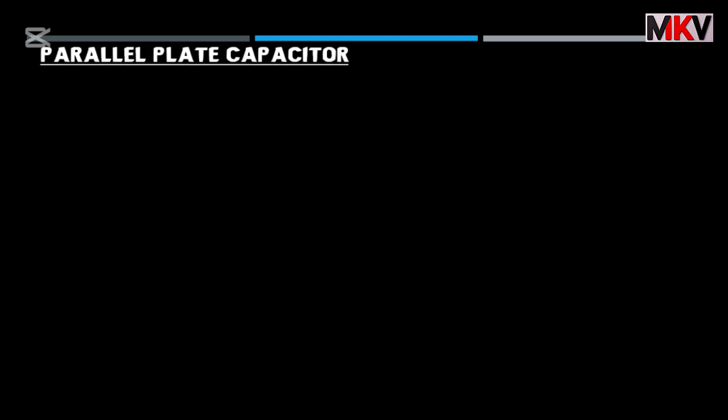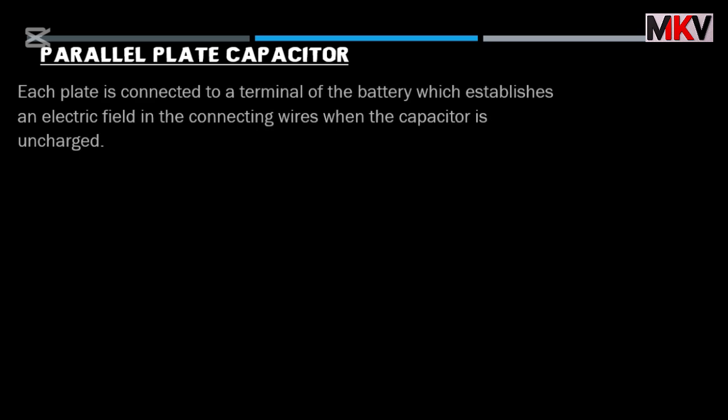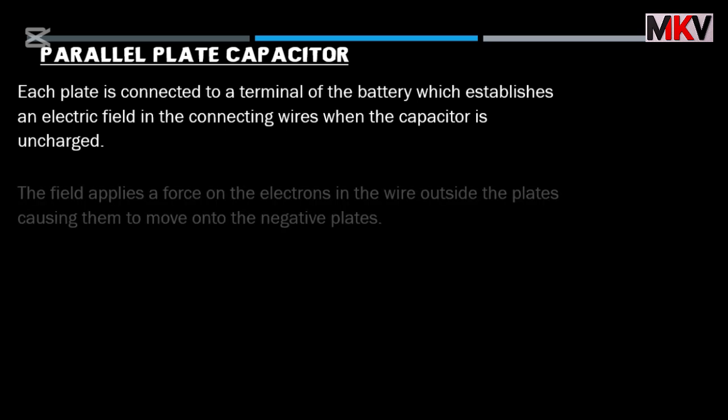Now, parallel plate capacitor. Each plate is connected to a terminal of the battery, which establishes an electric field in the connecting wires when the capacitor is uncharged. So when we connect the terminals of the battery to the plates, an electric field is generated in the connecting wires.